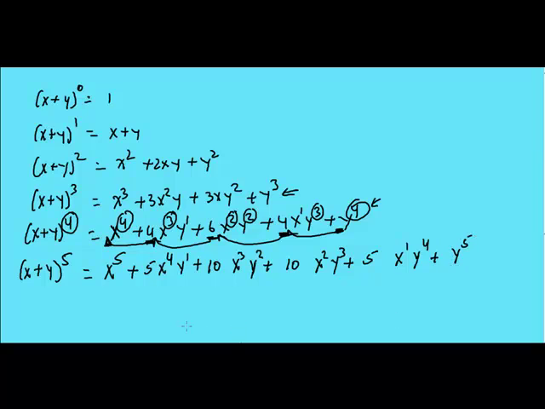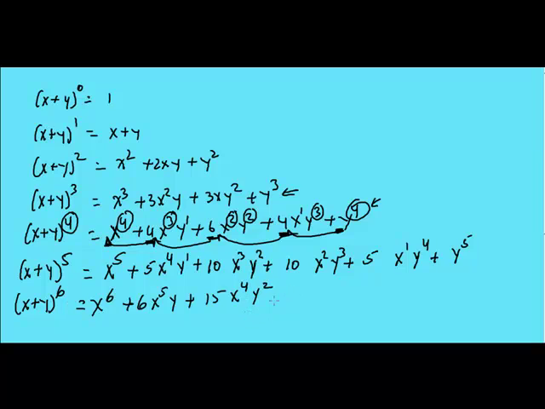Alright, let's do one more, but let's do it really fast. See if you can follow me. I have x plus y to the sixth. That's going to be x to the sixth plus 6 x to the fifth y plus 15 x to the fourth y to the second. Remember, the exponents always add up to 6 in this expansion.